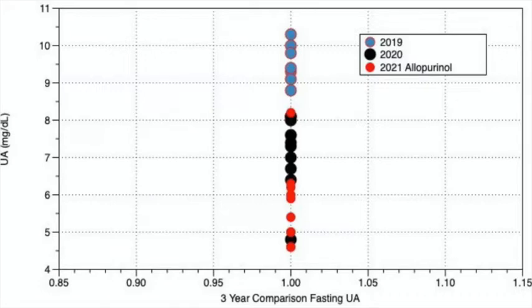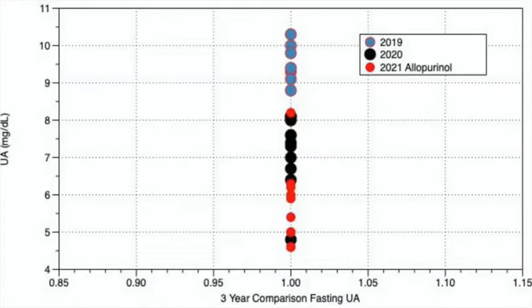Now in my third year, about halfway through it, I made the decision to go on the uric acid lowering drug allopurinol. And I've been on allopurinol since June of 2021. I think it was like around mid-June.